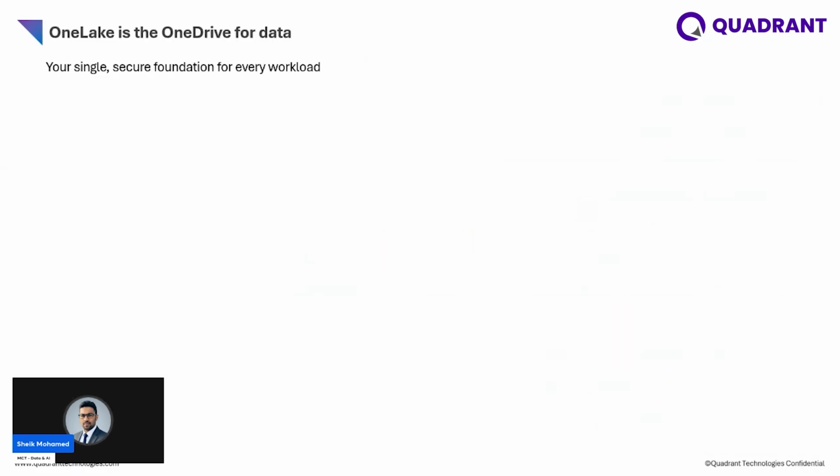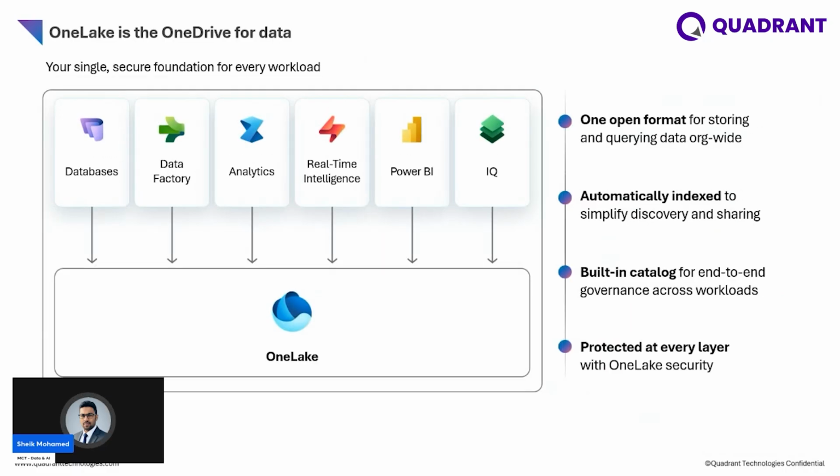Yeah, next slide, please. Yeah, with respect to unification of your data estate, so we all know, maybe a quick recap, we can quickly go through OneLake, shortcuts, mirroring, and what are the different technology areas that we can use to unify our data within OneLake, right? So OneLake as a technology, I'm sure all of you are a bit aware of it, but a quick recap, that's the OneDrive for your data. It's a multi-cloud SaaS data lake, you can call it, with one single open format for storing and querying your data organization-wide, right?